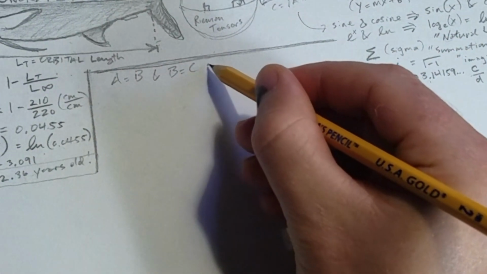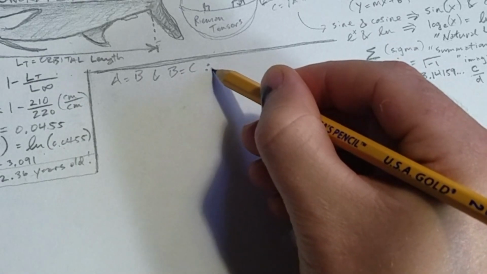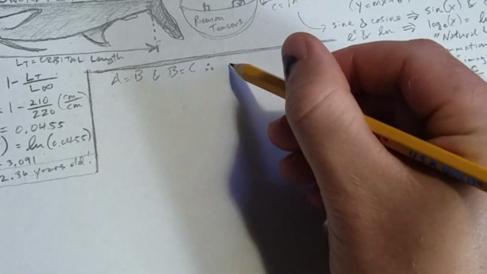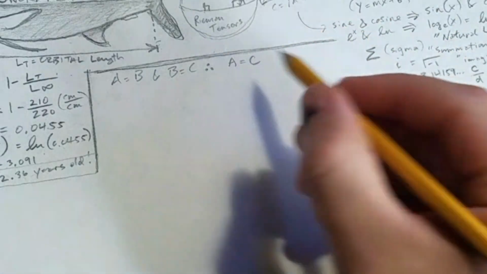So therefore, we love this therefore symbol in math. Therefore, A equals C.